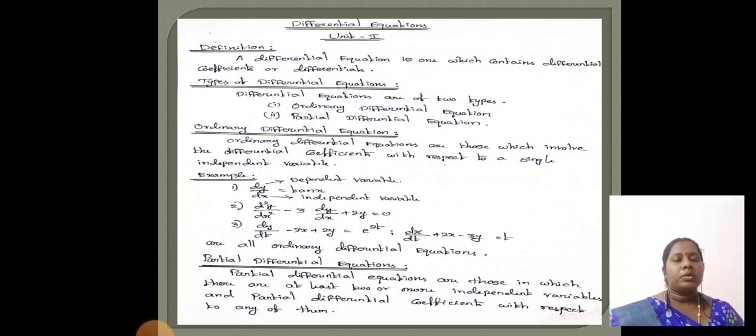Next, we are going to see partial differential equation. Partial differential equation is an equation which involves two or more independent variables and partial differential coefficients with respect to any of them.